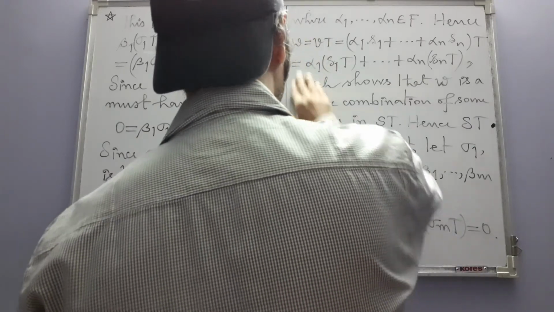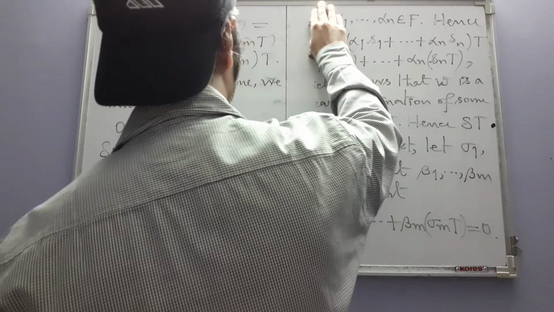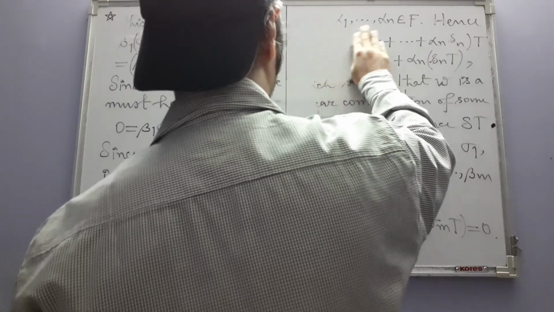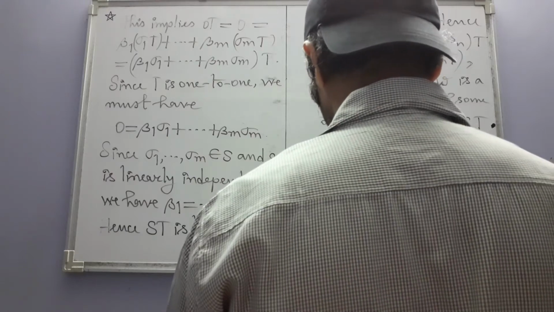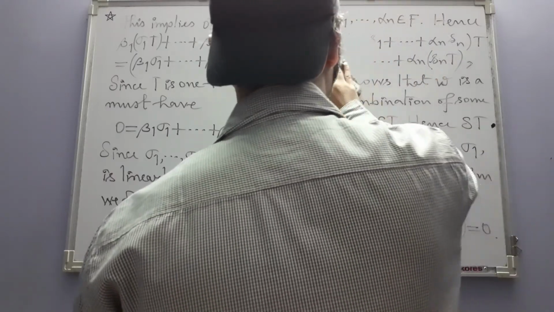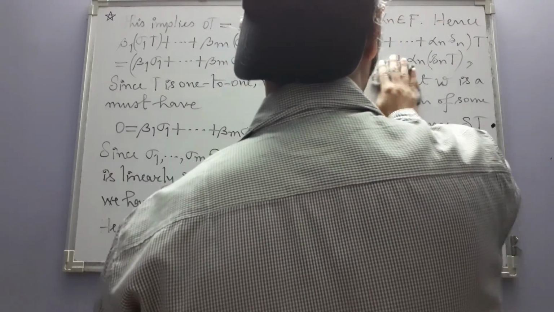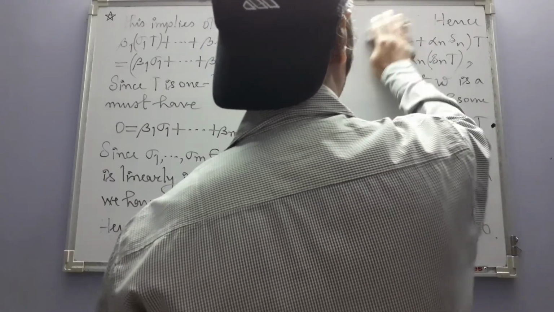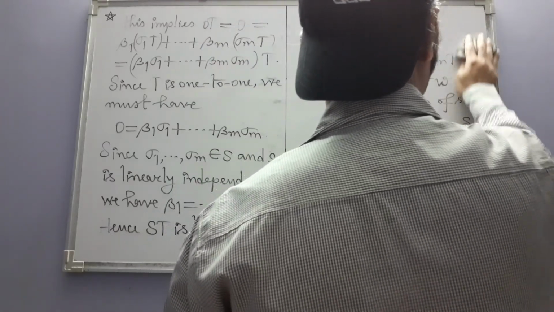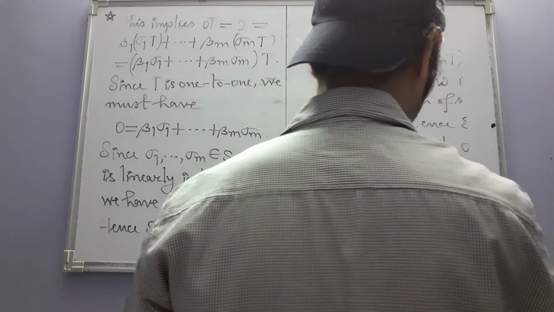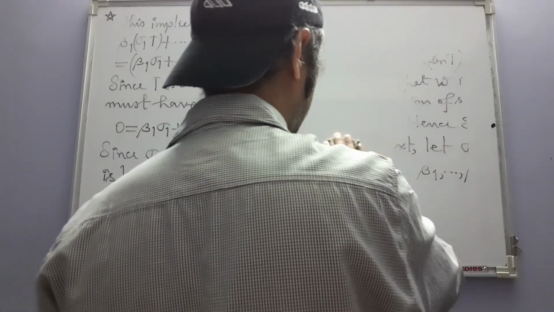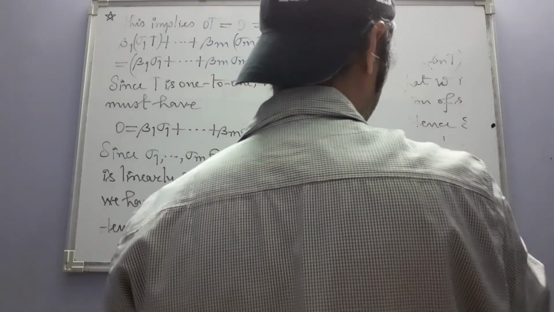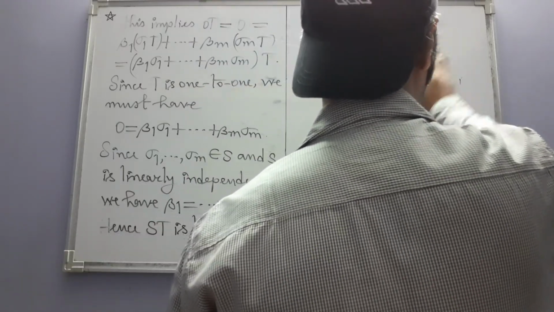So we have shown two things: ST spans W and ST is linearly independent, and hence by definition ST is a basis of W. And hence T maps the basis S of V onto the basis ST of W.